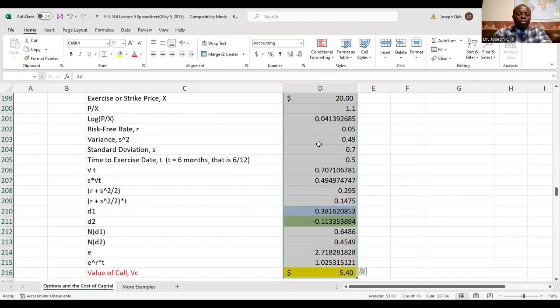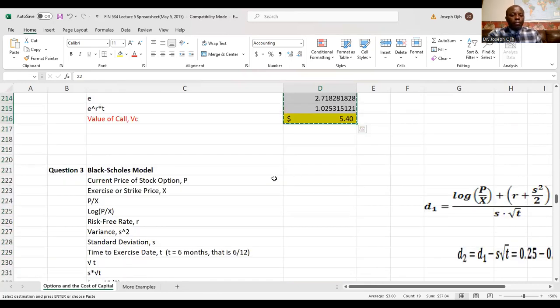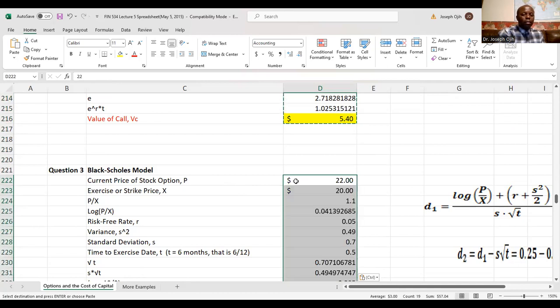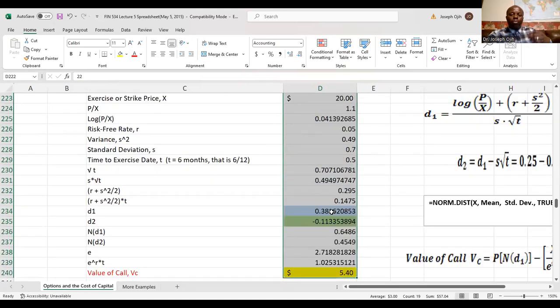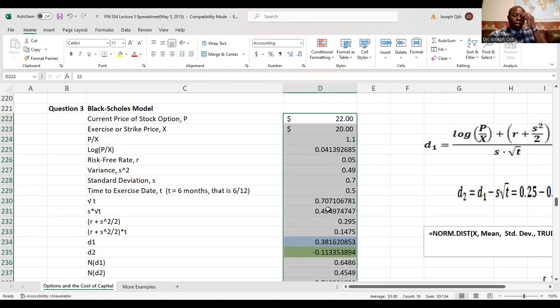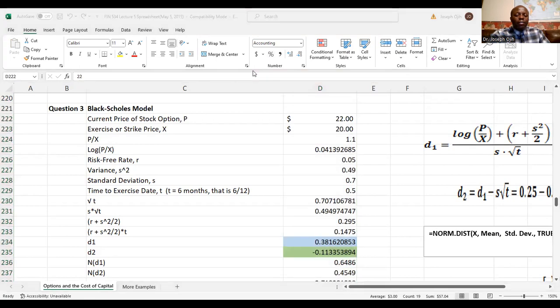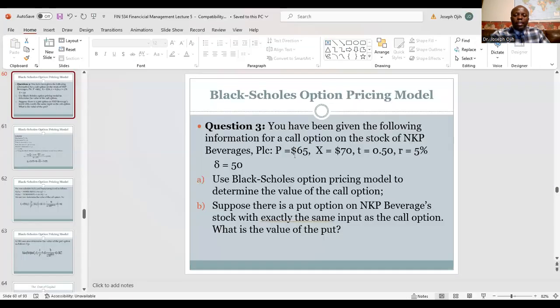Okay, value of the call option. So I'm going to paste it here. As we now put the numbers, remember the answer we had got before for question 2 is this. Now, as we put the inputs, it will calculate the value for us. The first input is the price of the stock, which is $65.